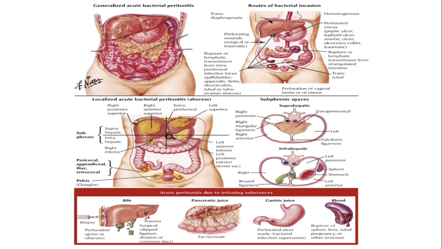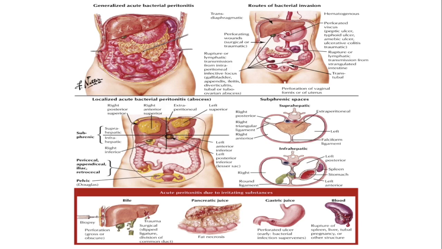These substances include things such as bile, which can occur, let's say, with leakage of bile following gallbladder excision, or pancreatic juice due to pancreatitis, or gastric juice because of perforated ulcer, or blood in terms of splenic trauma, for example. These substances don't cause infection, but they directly irritate the serosal surfaces.